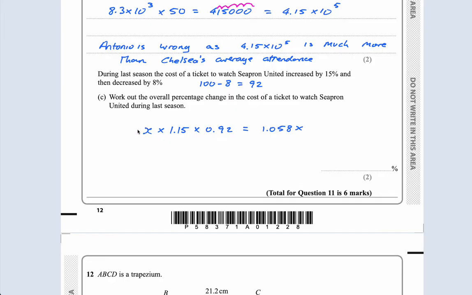So I don't really care about the x because that could be any number. What I care about is the overall percentage change. Well, it increased by 5.8%, because multiplying by this and this is the same as multiplying by 1.058. Therefore, the overall percentage change was 5.8%.